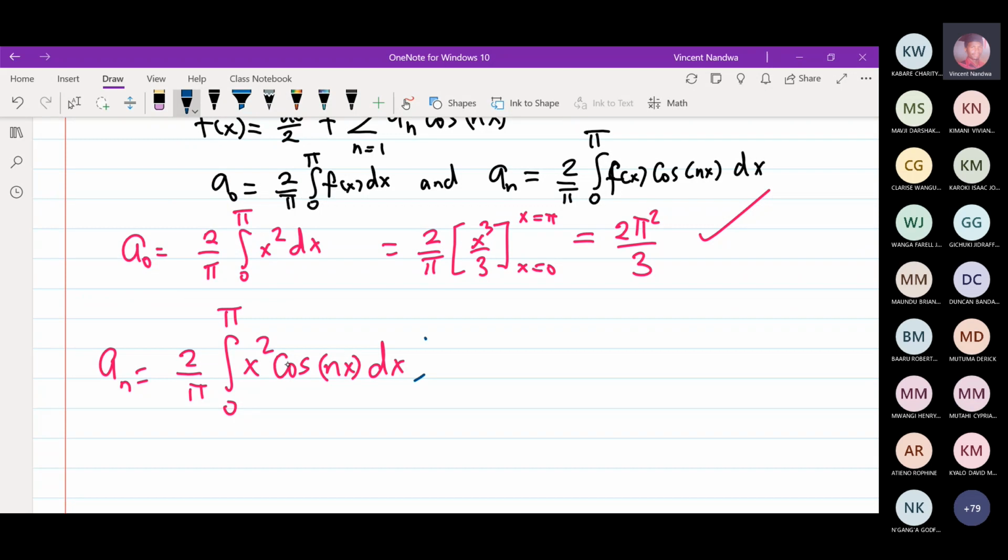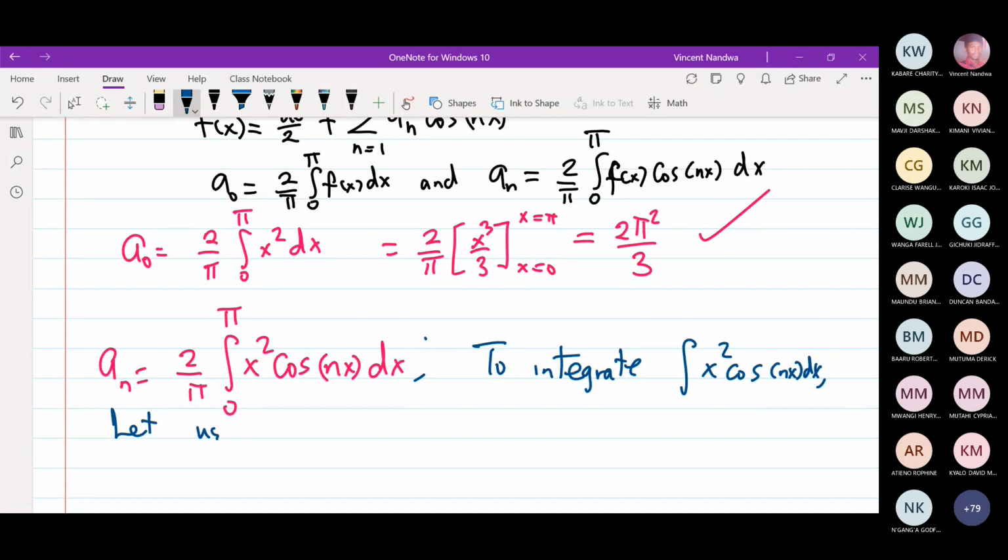So the question is now to integrate x squared cosine of nx dx. Let us use tabular integration.